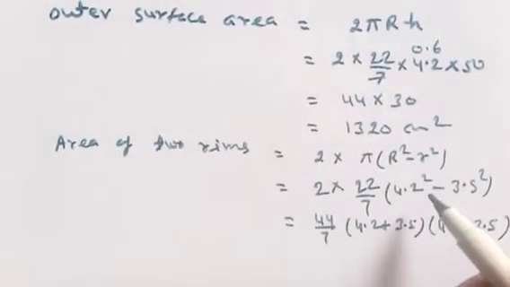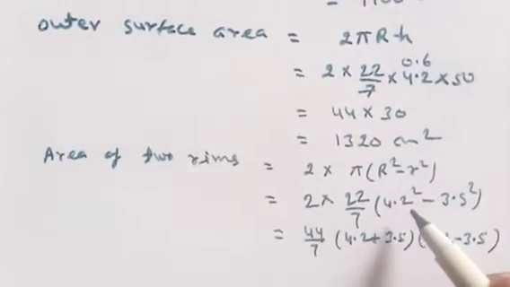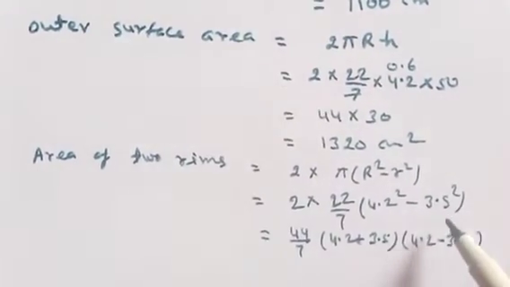This becomes the formula a square minus b square.